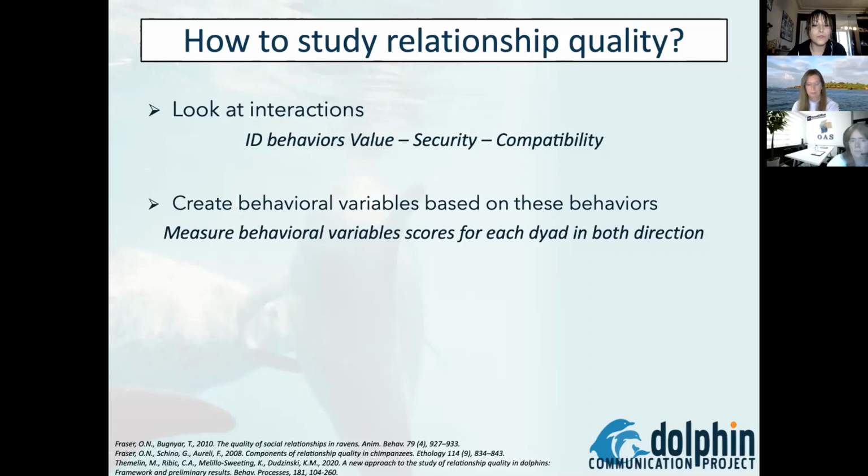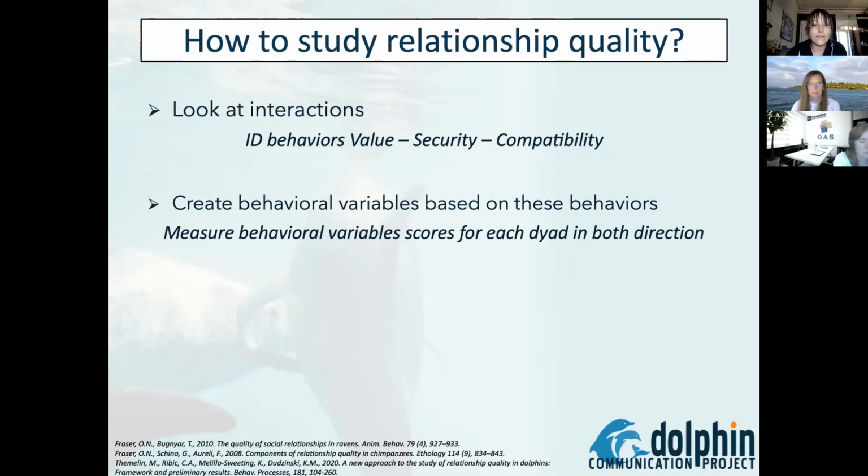And you will measure each behavioral variable for each dyad in both directions. So if I take an example of food sharing, you will have to measure the variables from A to B. So how many times A shared food with B and how many times B shared food with A, which can be different because relationships are rarely symmetrical.